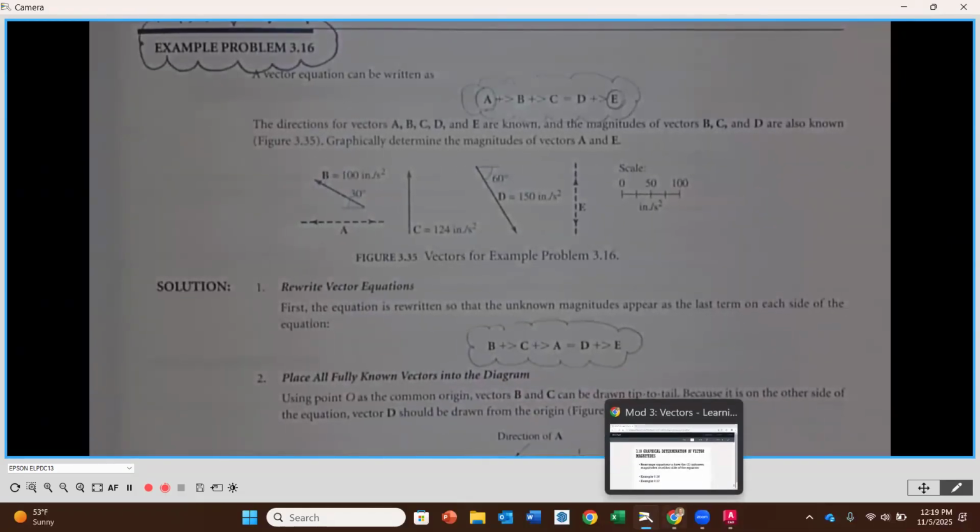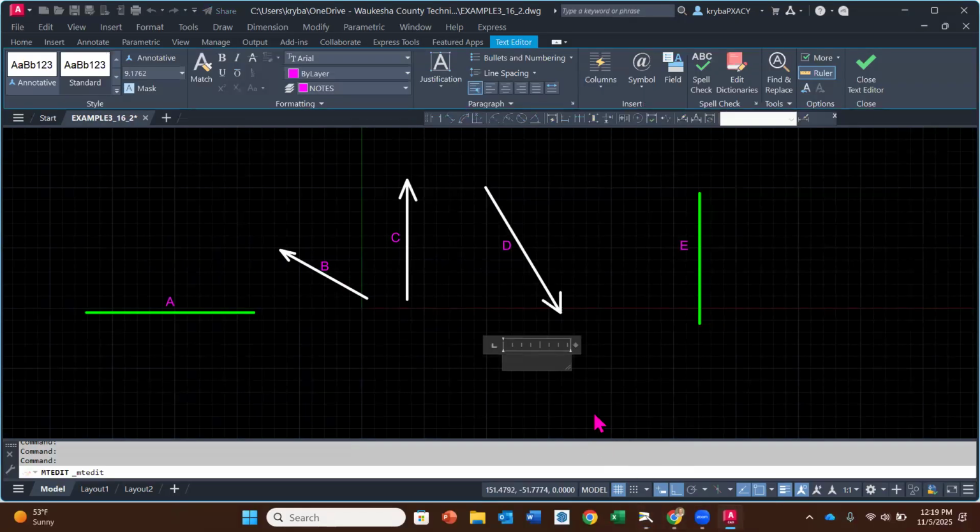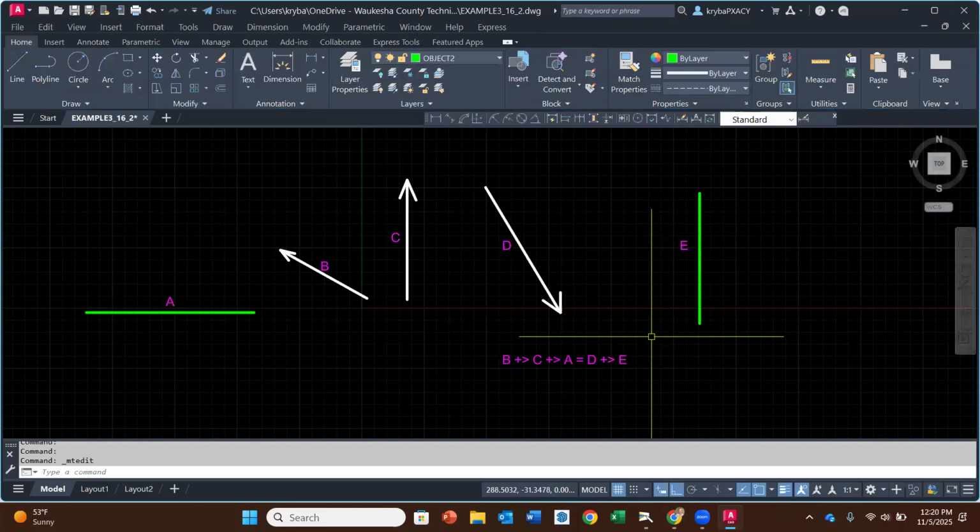So B plus C plus A is equal to D plus E. Extend this. B plus, don't forget the greater than sign, because that's going to let us know that we have a vector addition here and not an algebraic addition. So there's our equation.